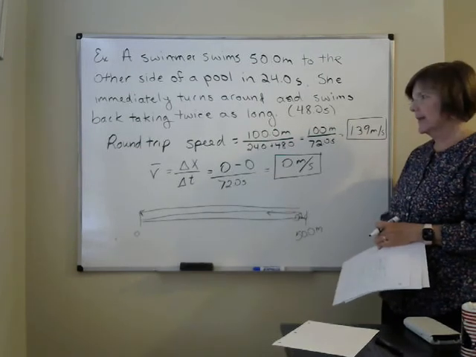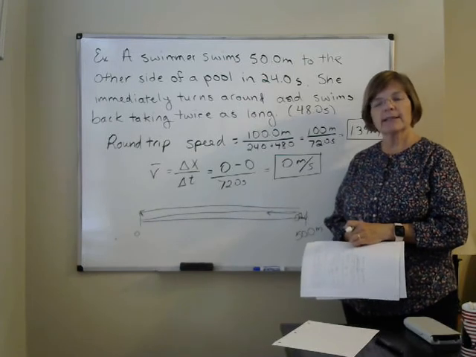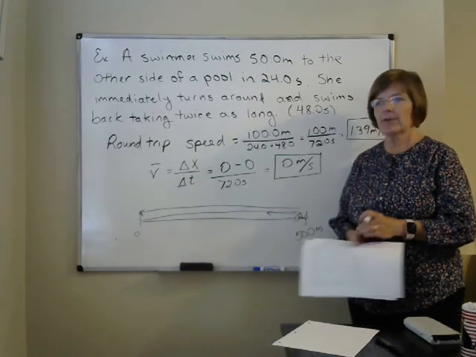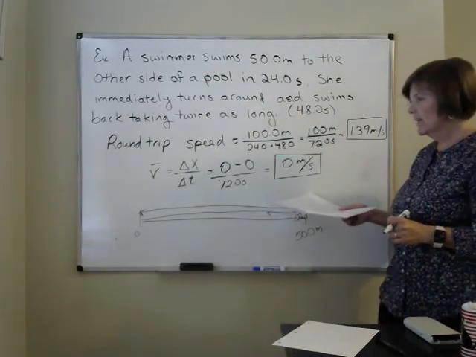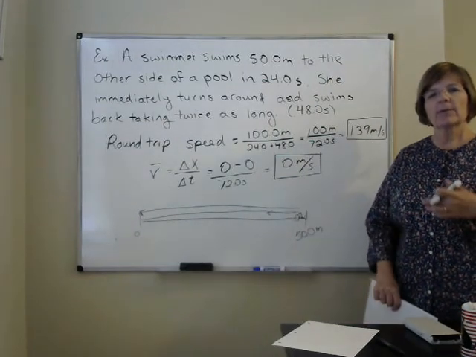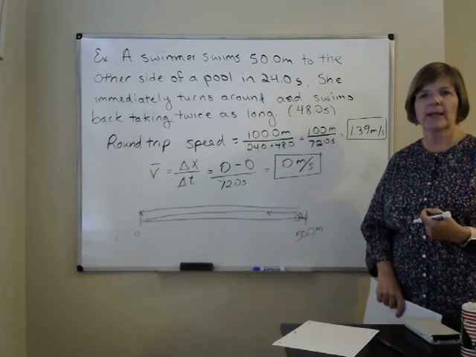Certainly, at any moment, she wasn't going 0. That's different. That's instantaneous velocity. We'll talk about that. For the first half, from here to here, she had a positive instantaneous velocity. When she's going back, she had a negative instantaneous velocity. But for our round trip, the average velocity is 0.